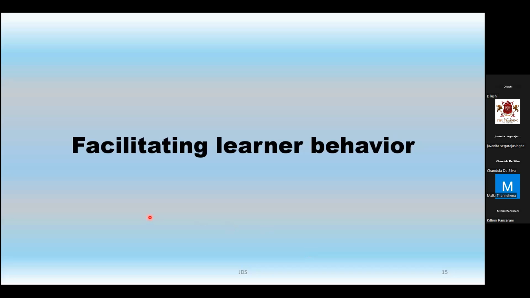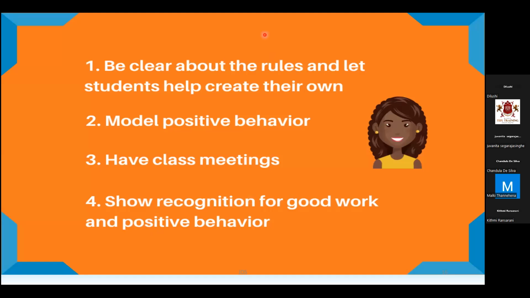Right. Then you have facilitating learner behavior. You don't have much over here. How we can help the child to behave positively. Be clear about the rules and let students help create their own.